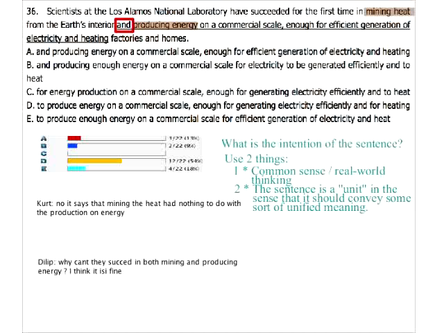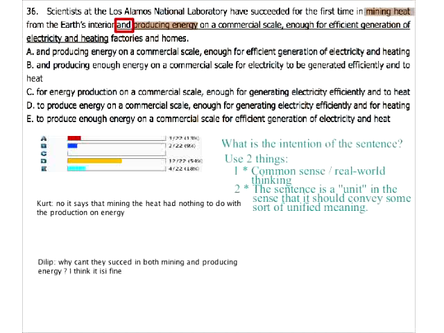So Kurt points out that "mining the heat and" implies that mining the heat has nothing to do with producing energy. And that's not reasonable given that this is a sentence. When you read this, you have to pick up on the idea that that's the intention of the writer.